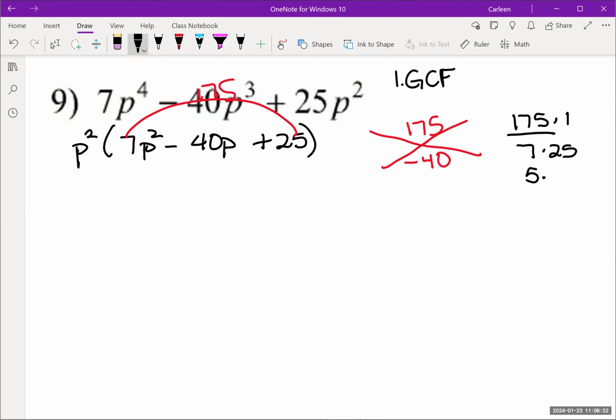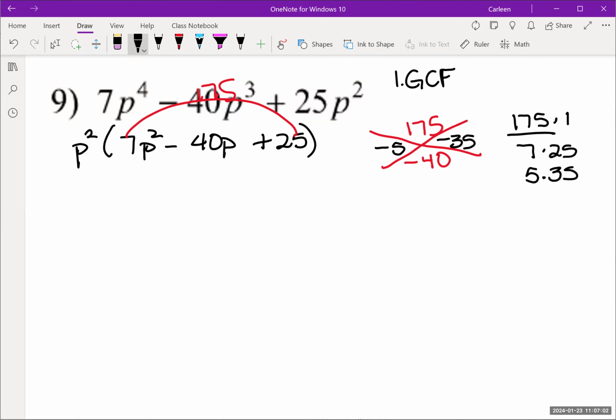Yeah? Because I know if there's a 5 in 25, then 5 will work. So 175 divided by 5 is what? Oh, 35. That's going to do it for us. Okay, so I have negative 5 and negative 35. Multiply to get 175 and add to get negative 40.